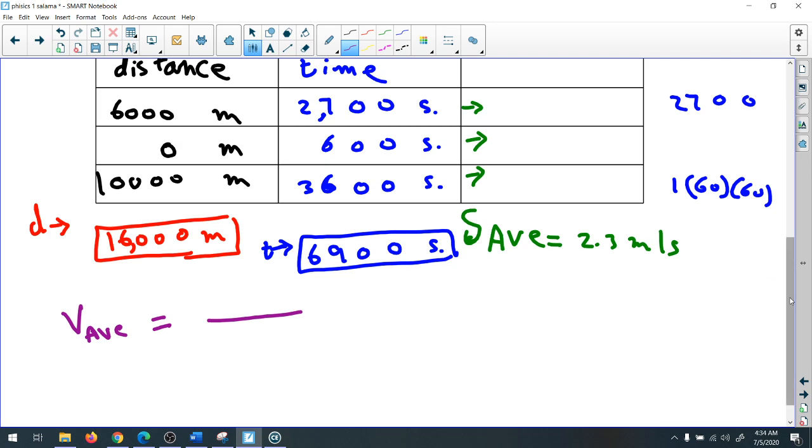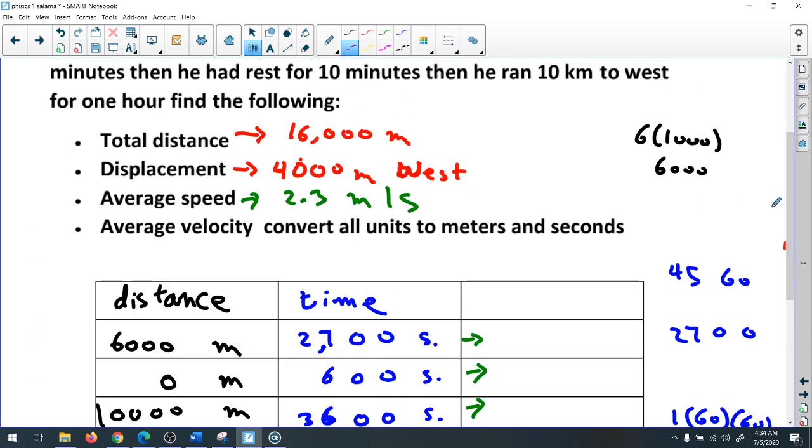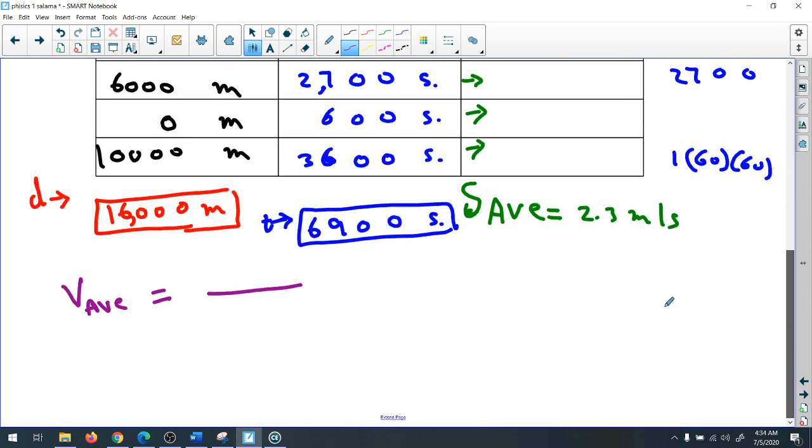Displacement is 4,000 west, or if you want to make it negative, negative 4,000, divided by the total time, which is 6,900 seconds, in meters per second.